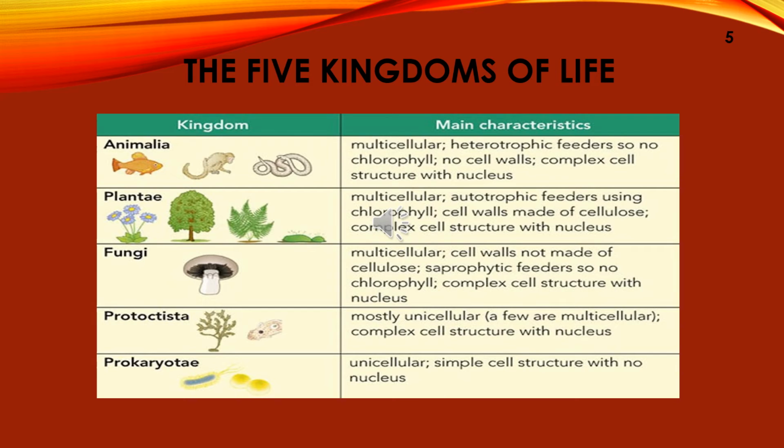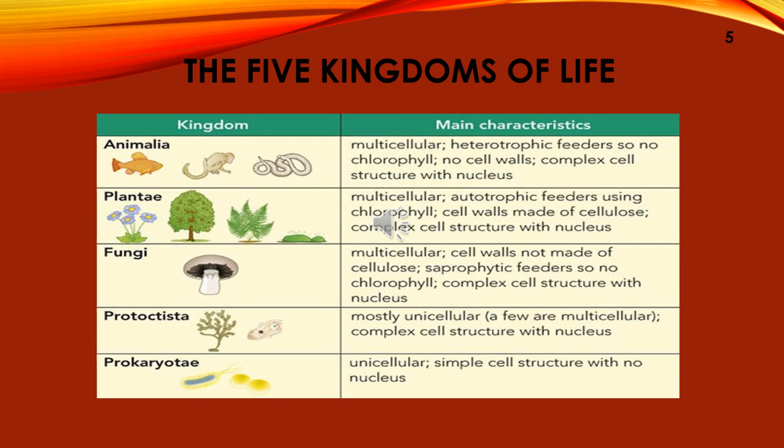Those were the only 2 categories that we had. Then they discovered that these 2 categories were not enough to express the variety of life forms found on Earth, or what is called biodiversity.